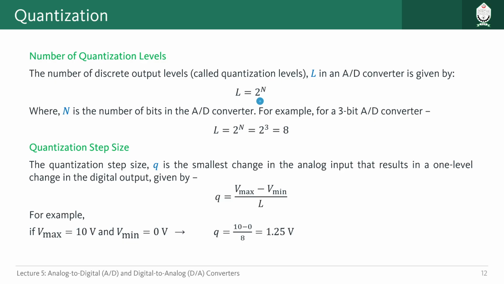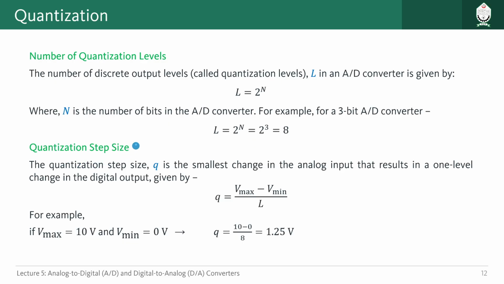So, for example, if we have a 3-bit analog to digital converter, then the value of L, the number of quantization levels we can have, will be 2 to the power 3, equal to 8. So if we increase the number of bits for our ADC, that means we can have a higher number of quantization levels, and that will increase the resolution or accuracy of our ADC, right?